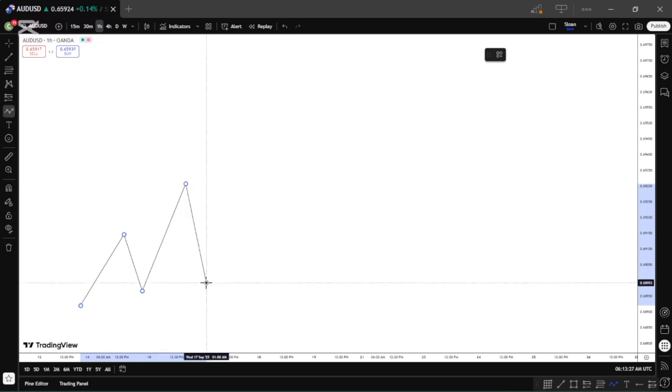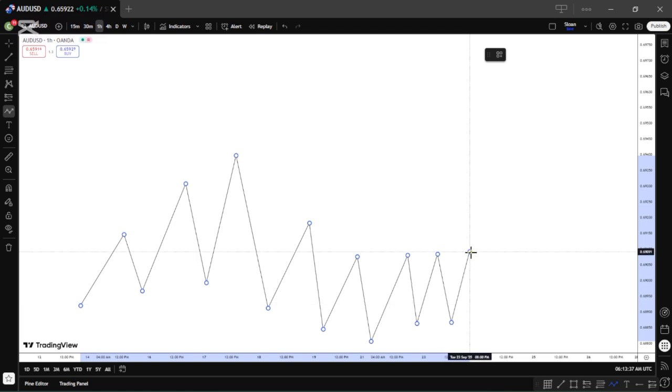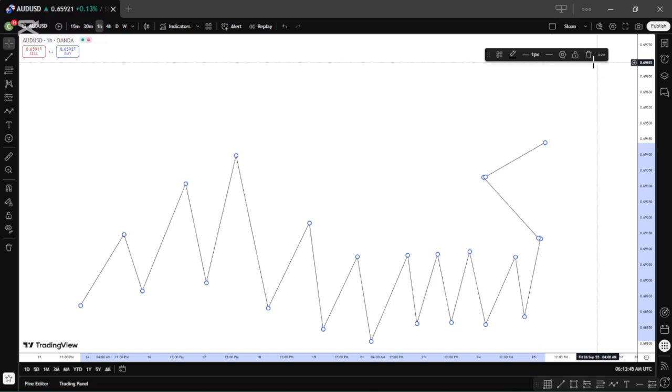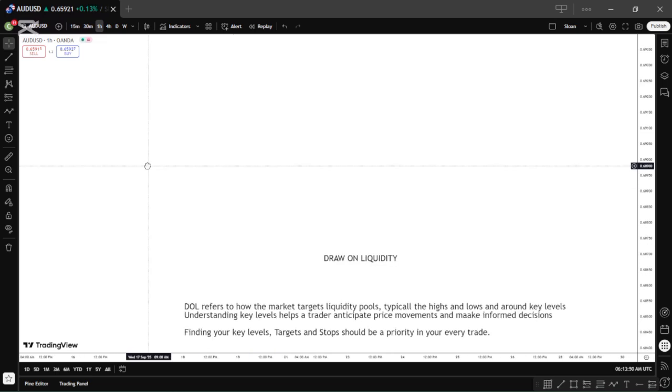We have the downtrend, and you also know we have a ranging market or consolidation. So these are the three basic types of order flow you can find in the market: the uptrend, the downtrend, and the ranging market.